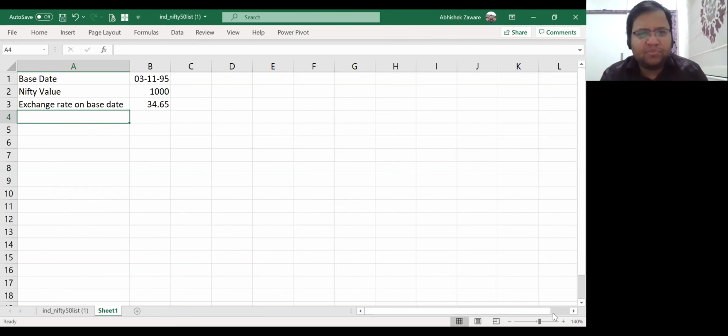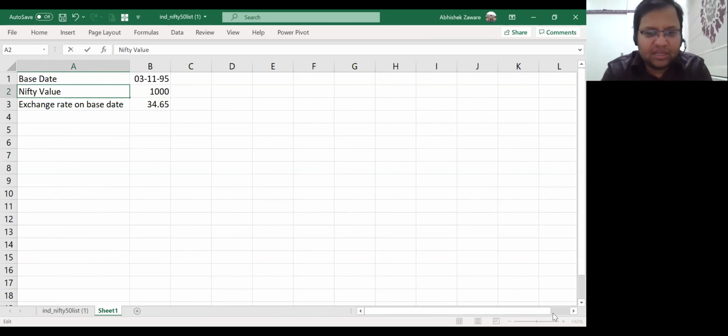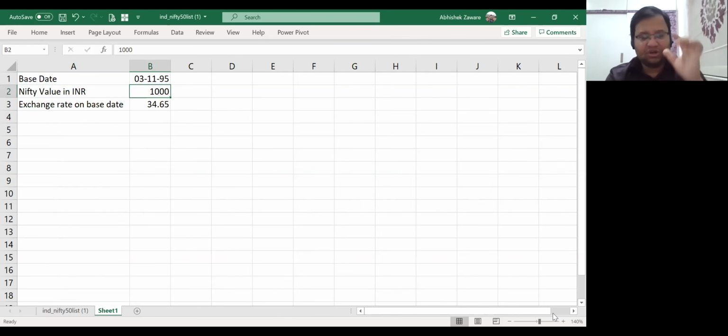a foreign investor from United States wanted to buy Nifty, one quantity of Nifty, let's say that is equal to 1000. Assume this is a commodity, you have to buy it for 1000 rupees, right? What is the exchange rate? 34.65. 34.65 was the exchange rate. Please understand this. Children, Nifty value, this is 1000 in INR, right? 1000 in INR. Please concentrate carefully.